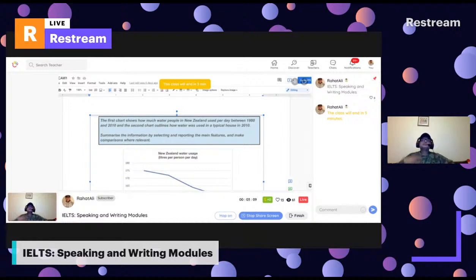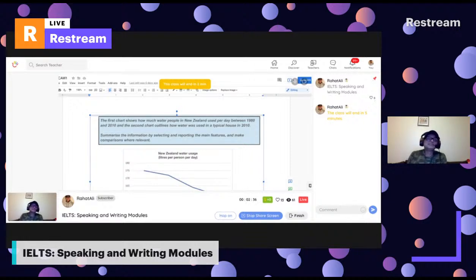So guys, according to the criteria of writing, how many paragraphs should be there? We should have an introduction, where the topic sentence is: summarize the information by selecting and reporting the main features and make comparisons where relevant. So you can see that it says main feature and comparison where it is relevant. So what is the main feature here?